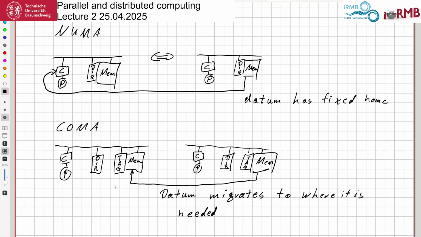So we get several indices that we have to take care of. So now there is more overhead when things are moving around, and you have more indirect addressing, but then the datum is in the machine where it's actually used.